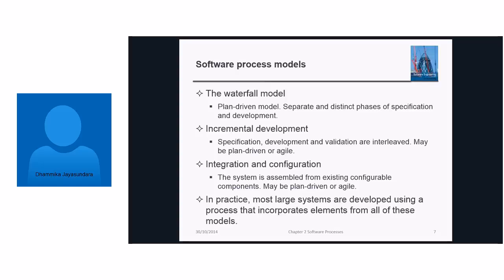The waterfall method is a plan driven model, and it has separate and distinct phases of specification and development, where you need to complete each and every phase to begin the next phase.